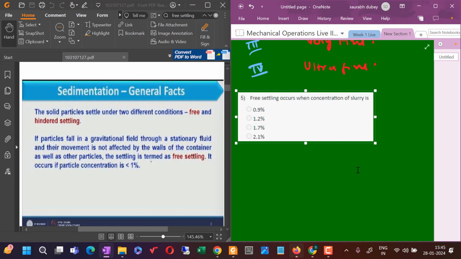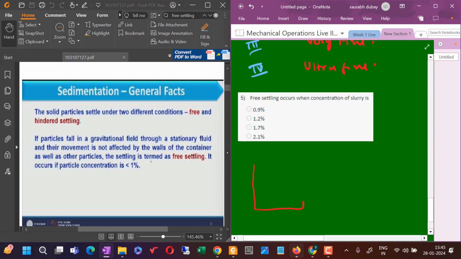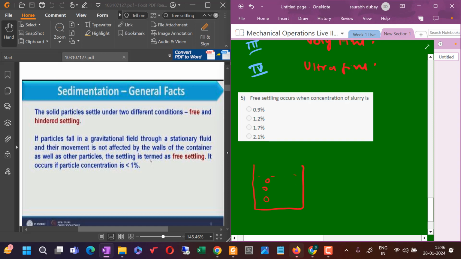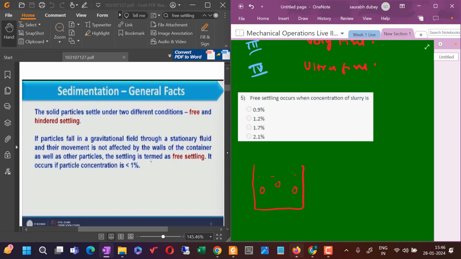For example, in a batch settling process, if only these three particles are there, then this particle will not know whether the other particles are there or not, because there will be no influence of settling of other particles in the same settling instrument.